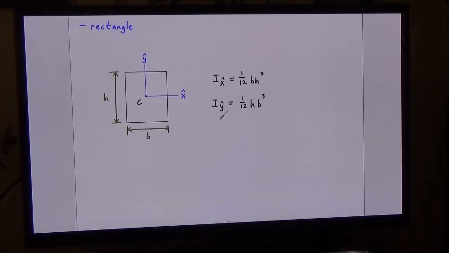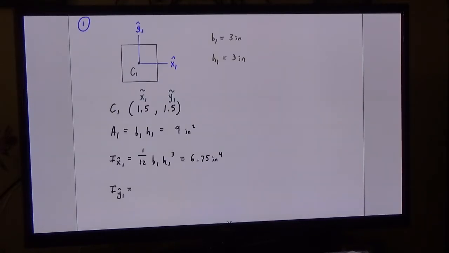I about y hat is 1/12 hb cubed, so I switch the h and the b. In general, this should give me a different number, but in this case, b and h are the same, so it gives me the same 6.75 inches to the 4th. Once I specify these 4 quantities, I'm going to move on to the next part, and then I'll put the moment of inertia back together again at the end.